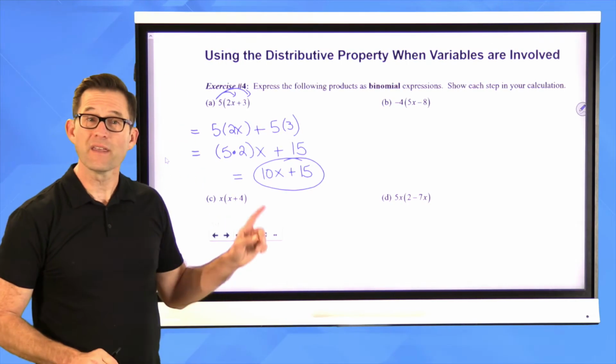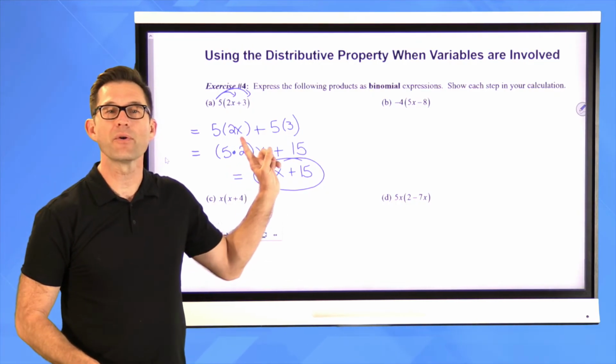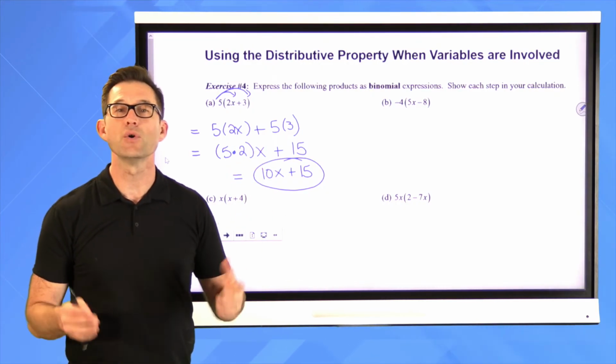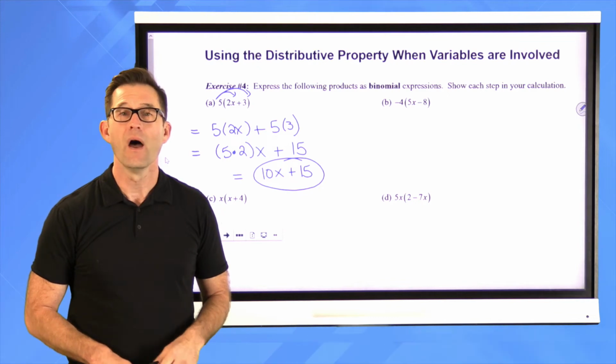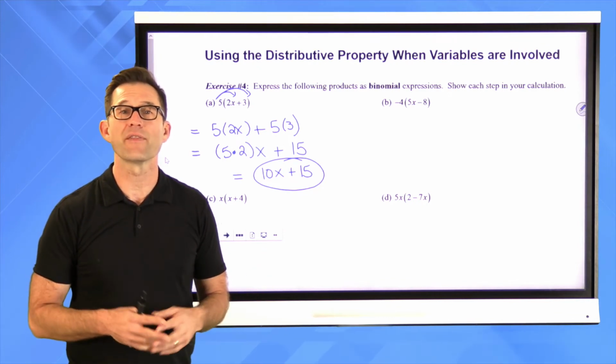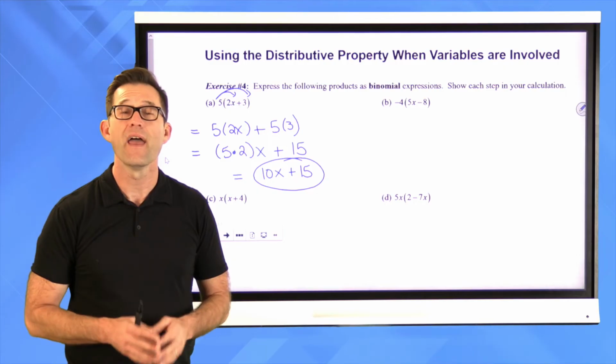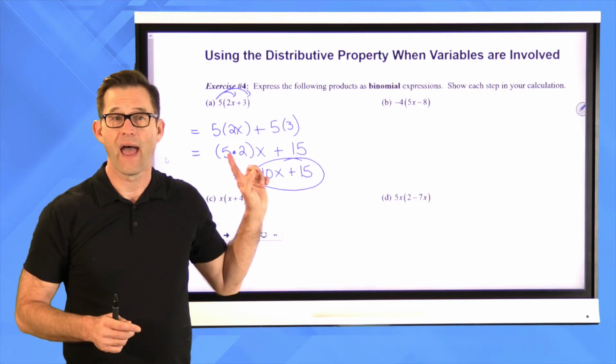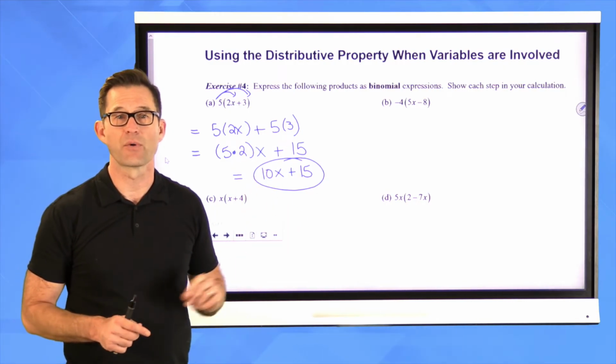That's it. But keep in mind, what I'm using right here is a property that we talked about in the last lesson, the associative property of multiplication. I'm allowing myself to multiply the 5 and the 2 together to get 10, and then have the x just sitting there as multiplication in that expression.